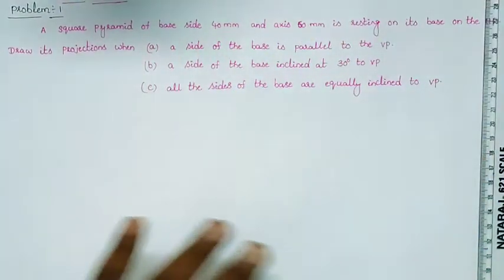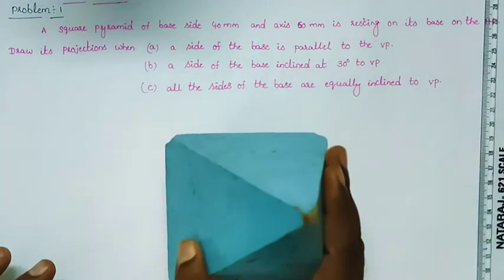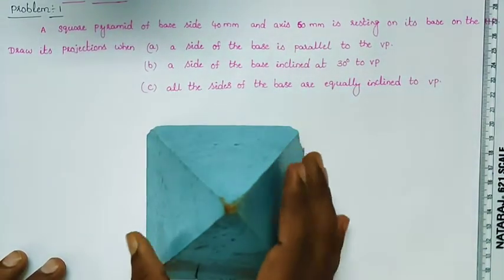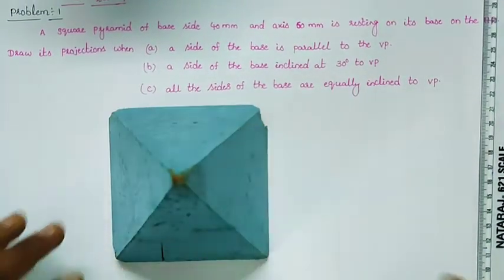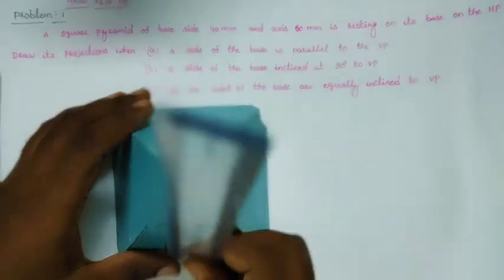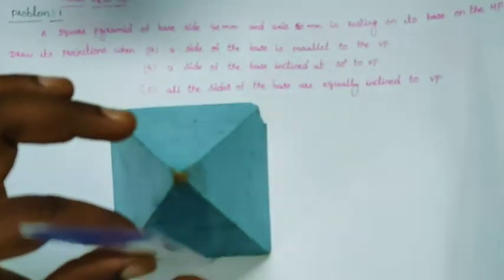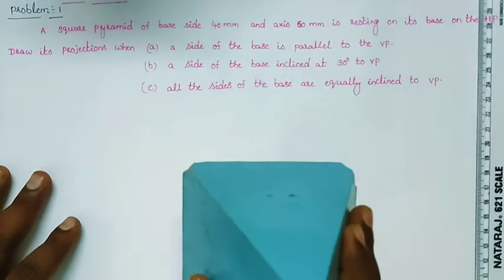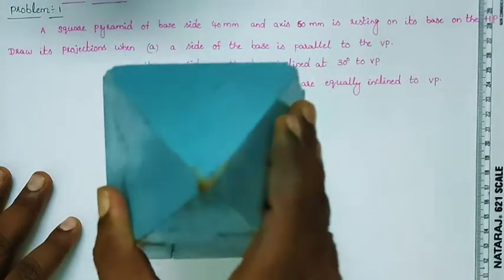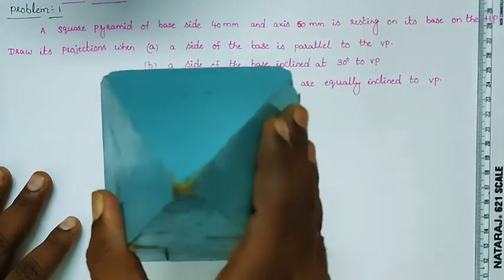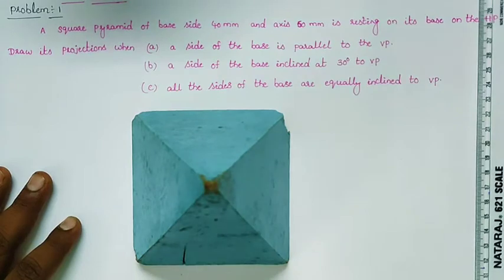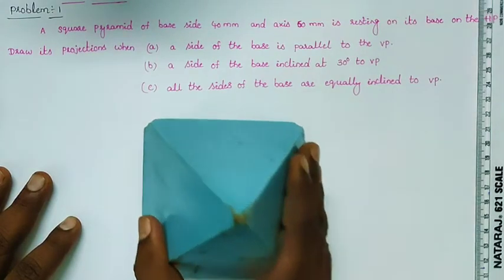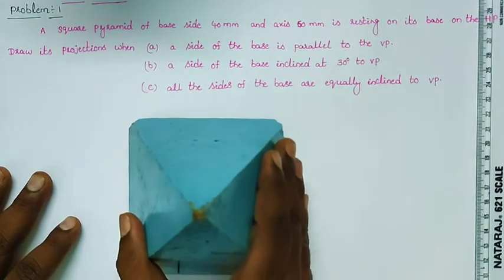So this one is the base, and the axis should be 60 mm, as given in the problem. Draw its projections when a side of its base is parallel to the VP.